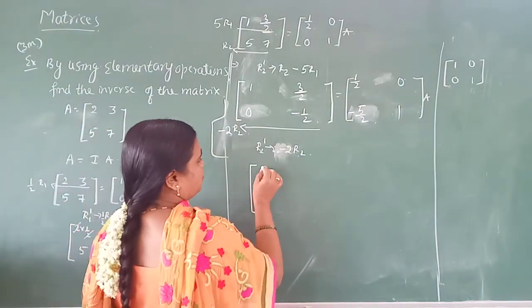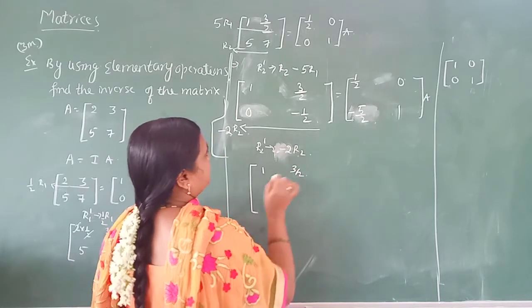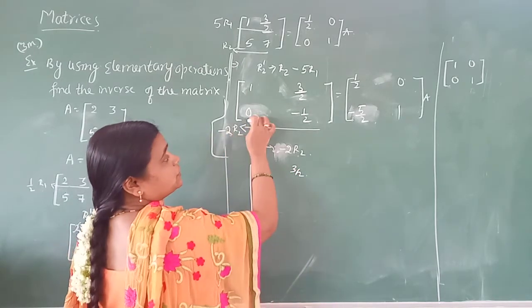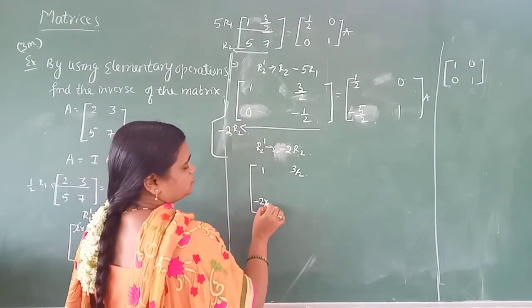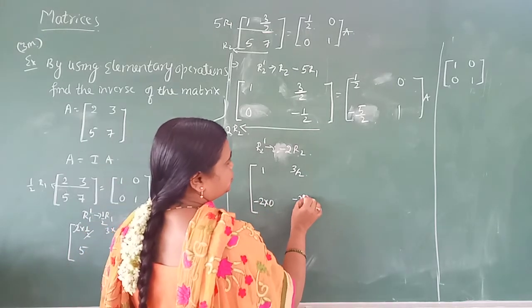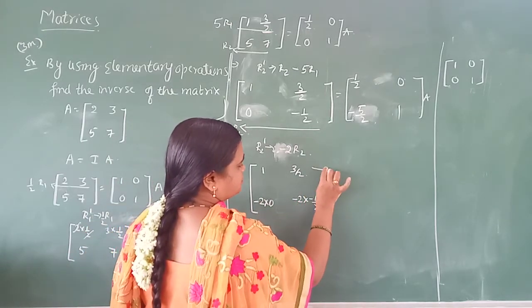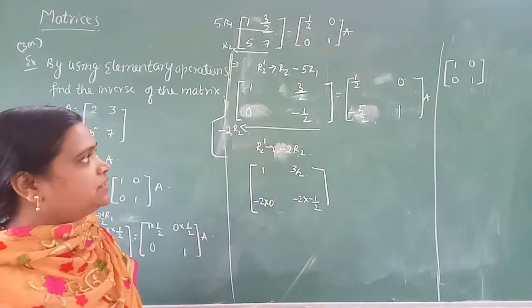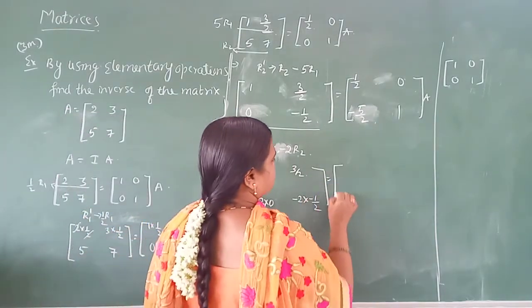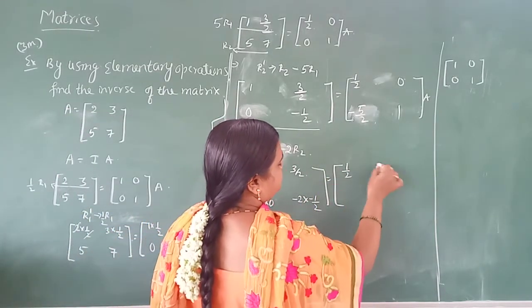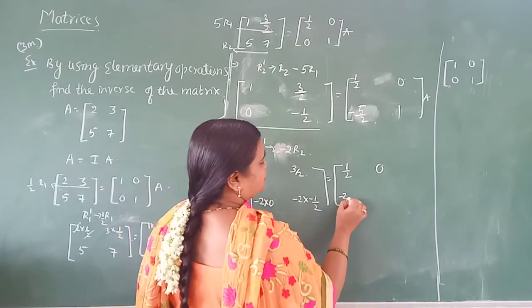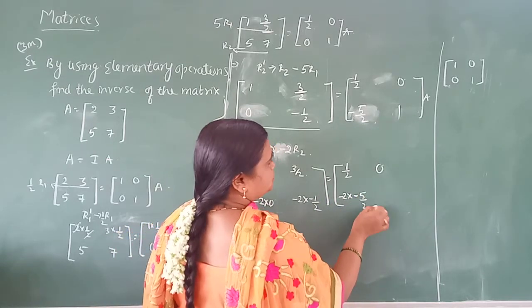Therefore, we are getting 1, 3 by 2 minus 2 into 0, minus 2 into minus half. Next, half, 0 multiply. Minus 2 into minus 5 by 2.